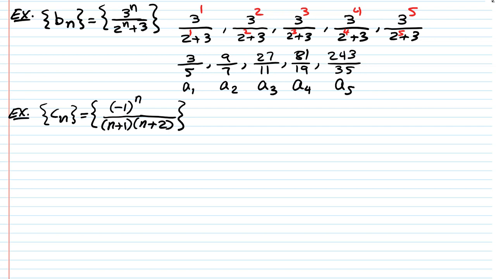And by the way, it's a lot easier, once you're given the functional form of the sequence, to write out the terms, because you pretty much have the formula. You plug in the input, 1, 2, 3, 4, and so on, and you get the outputs. The other way around, once they give you the outputs and ask for the formula, that's going to be a heck of a lot harder.